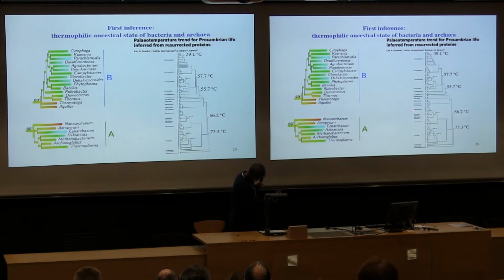This is a large tree that you can't read, but that is the bacterial domain. A whole lot of different bacteria put in a tree, and this part of the tree is the ancestor of the bacterial domain. And you see that when you go deeper in the tree, the ancestral proteins are more thermostable.